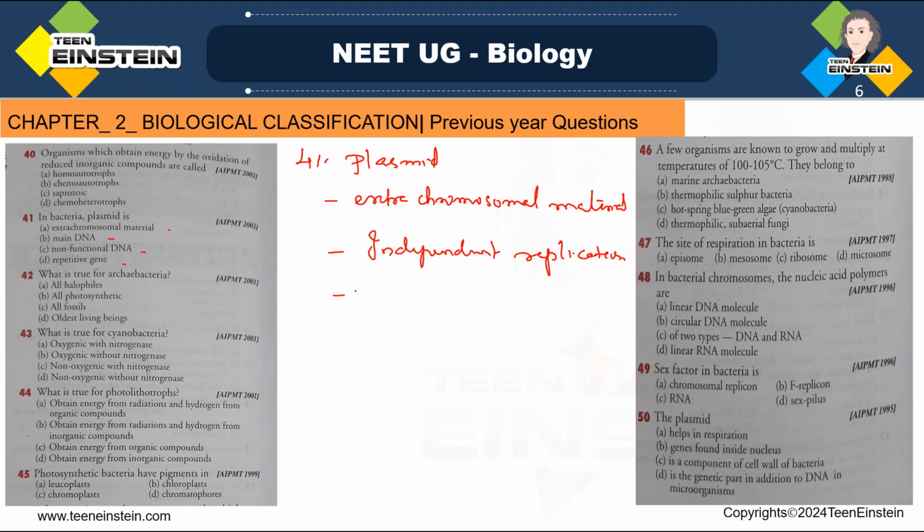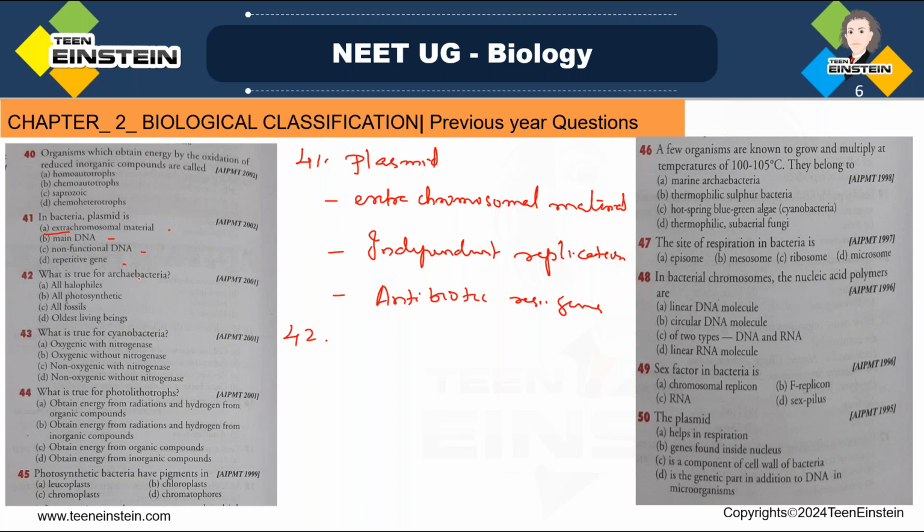The main chromosome will be there in bacteria, but this is extra chromosomal material with the capacity to replicate independently. Plasmids usually have antibiotic resistant genes, right? So the first option is matching with this. Generally they have an antibiotic resistant gene, right?